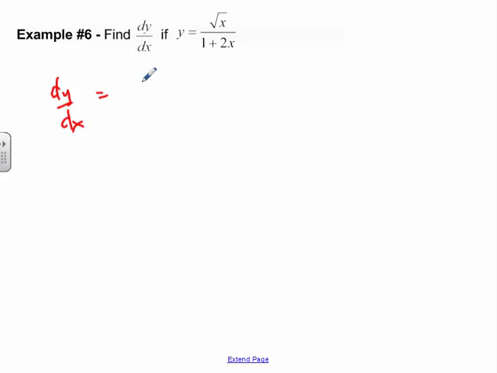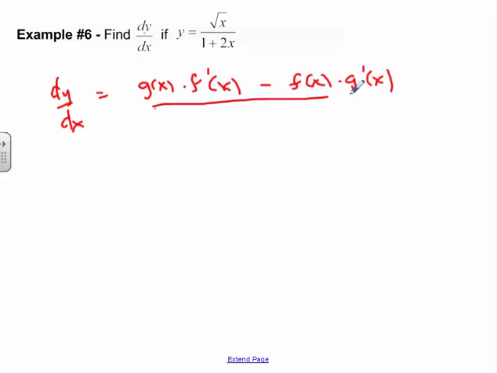The formula for this is, let's see, you got to get it right. It's denominator times the derivative of the numerator minus the numerator times the derivative of the denominator, over the denominator squared. Okay, bottom, 1 plus 2x.